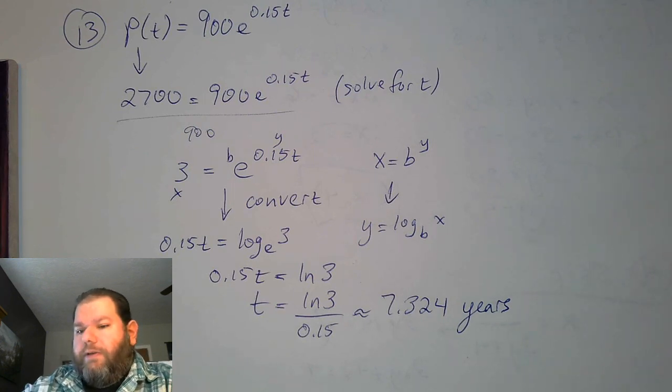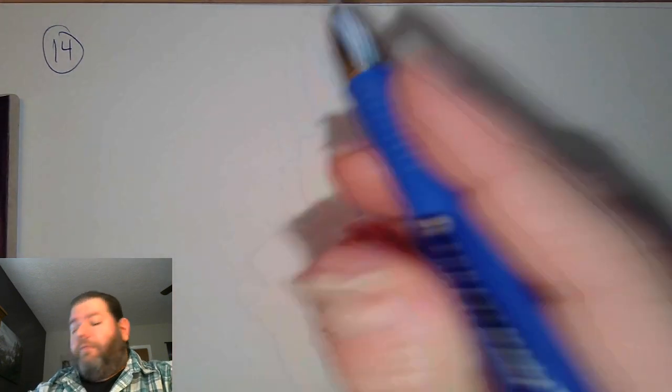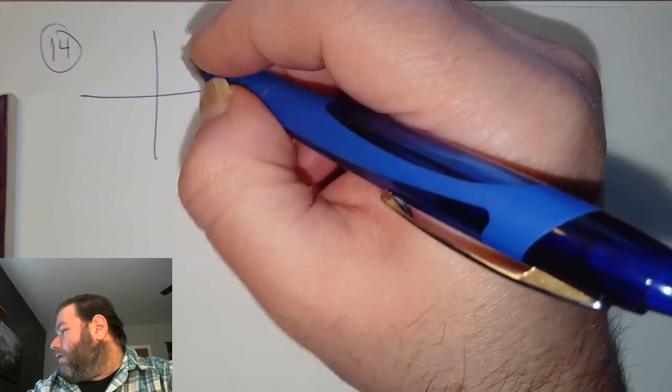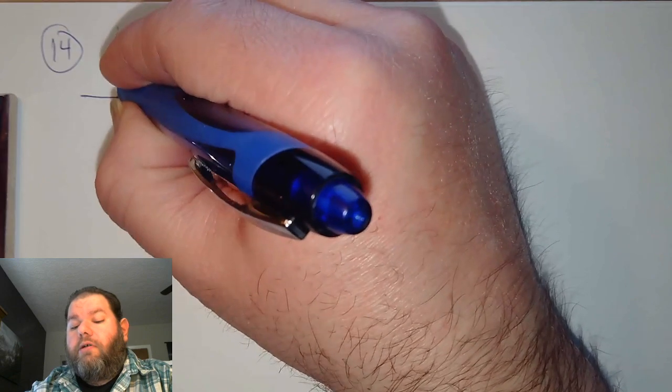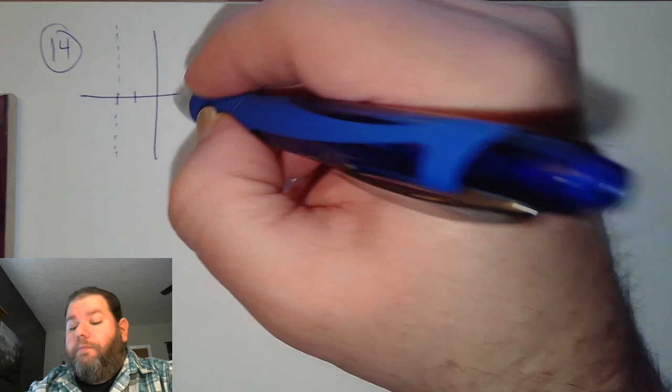Now 14 is pretty rough, not gonna lie. It's not a multiple choice question, and there's not a lot of great ways we can test for graphing. This is one way. We have two vertical asymptotes, at -2 and at 3.